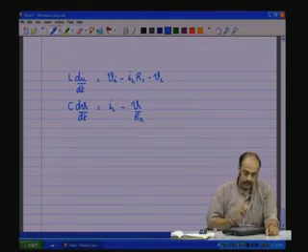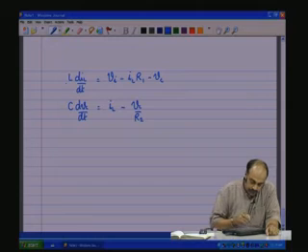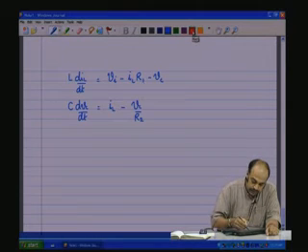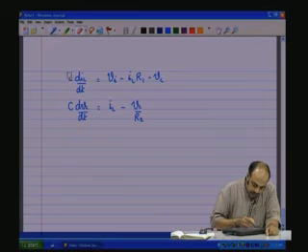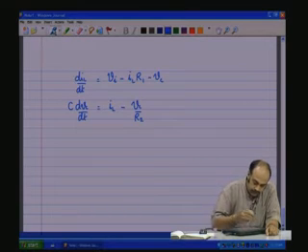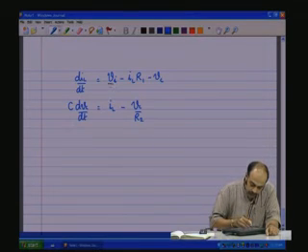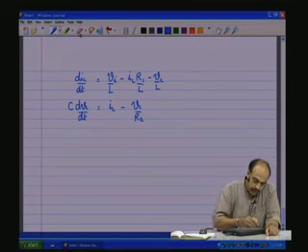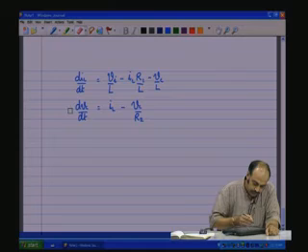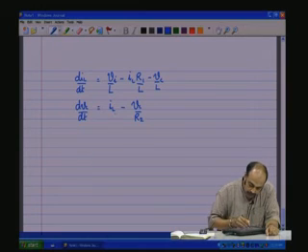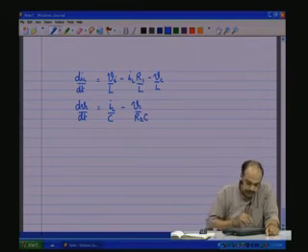Now, these are the two equations. Now, we need to remove L from here. So, I will remove L from here and divide everything throughout by L, and then I remove C from here and divide everything throughout by C. So that now we have the state vector.